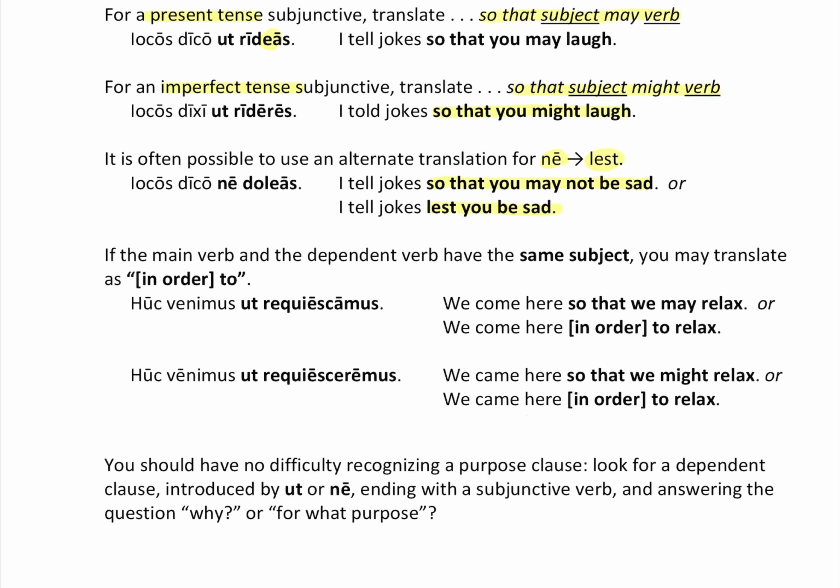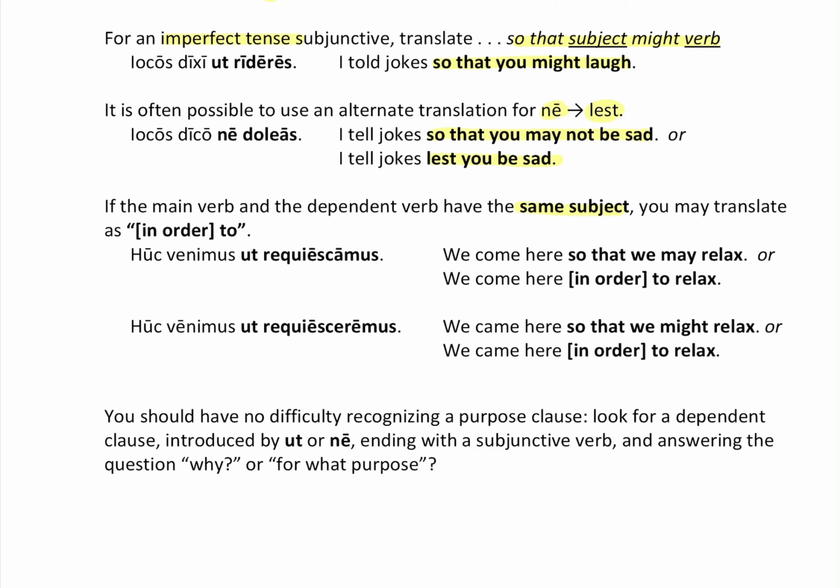So, if the main verb and the dependent verb have the same subject, you may translate as in order to, or just the to, in order, if it helps you and if it makes more sense. So, huc venimus ut requiescamus. We come here so that we may relax, or we come here in order to relax, or we come here just to relax.